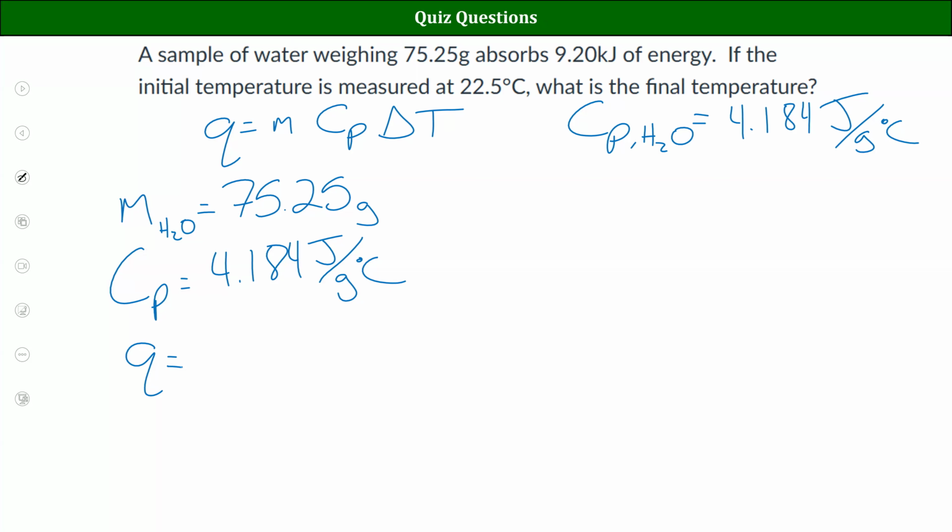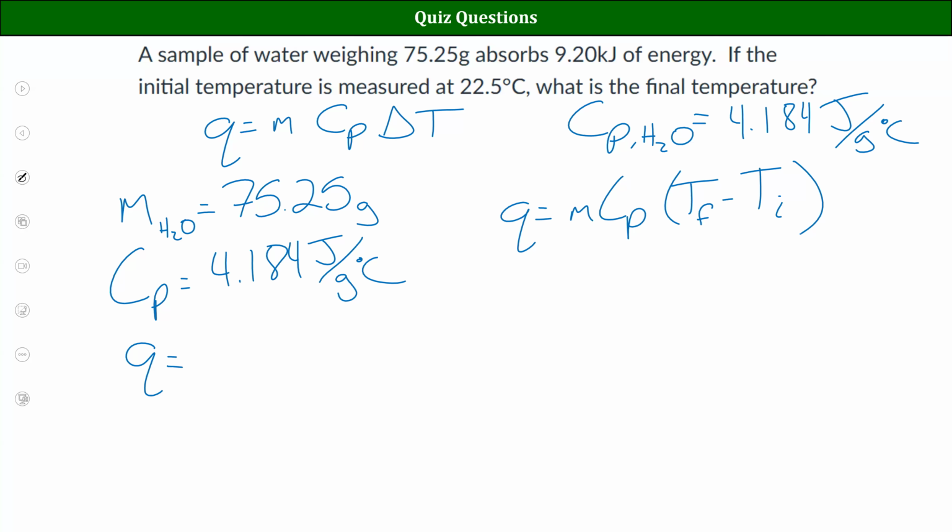If you wanted to do this all in one step, instead of solving for delta T, you could actually plug in T final minus T initial and solve for T final. So we rewrote it as mass CP times T final minus T initial. Then you need to worry about order of operations.